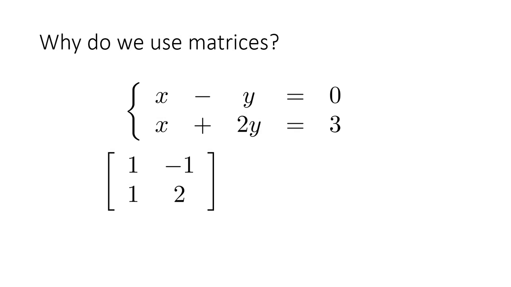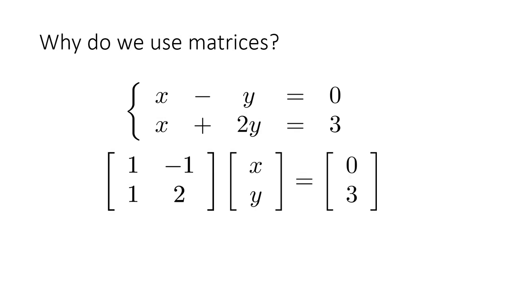Now, we can also store the unknown variables x and y and the right-hand sides of these equations in matrices as well. And all we need is a way to combine them that's consistent with the original equations. And so one defines matrix multiplication so that when you take, say, that first row of the matrix and you combine it with the matrix with the x and y in the middle, what you get is x minus y, which is precisely the left-hand side of the first equation.